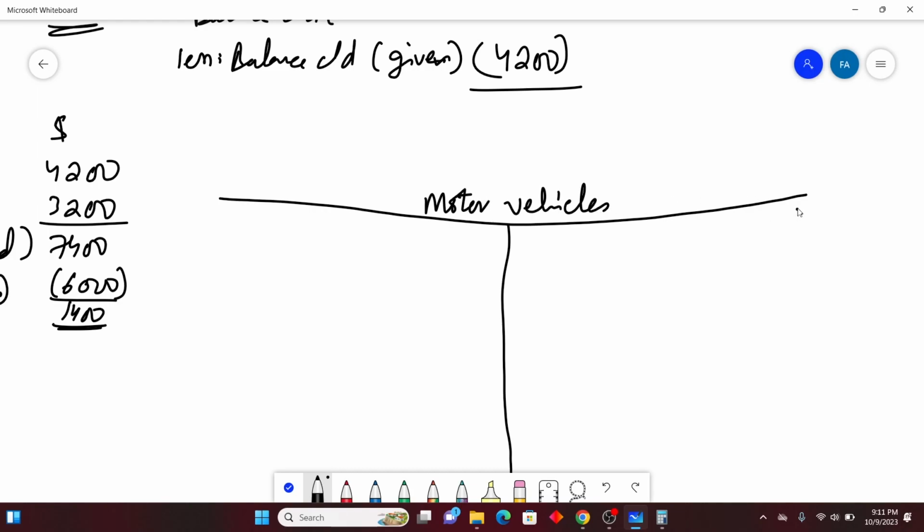Whenever the question is not saying anything, we have to make the cost T account. Okay. So it is 2014 because the year is starting in 14. Let's start with the first date, which is May 1st.